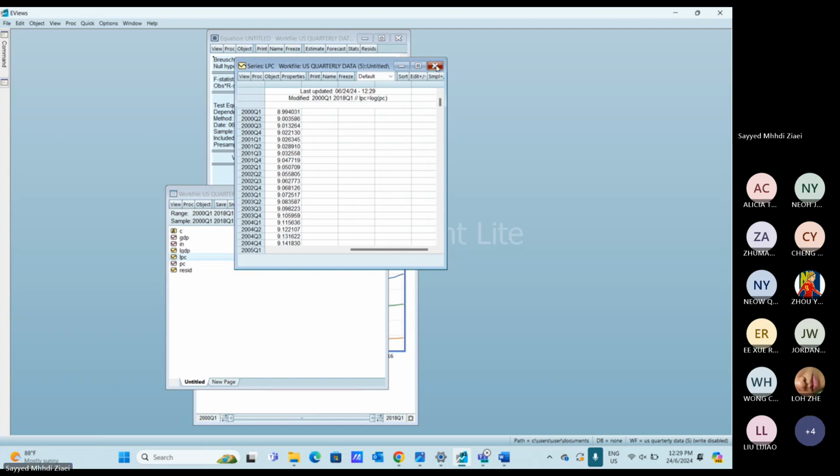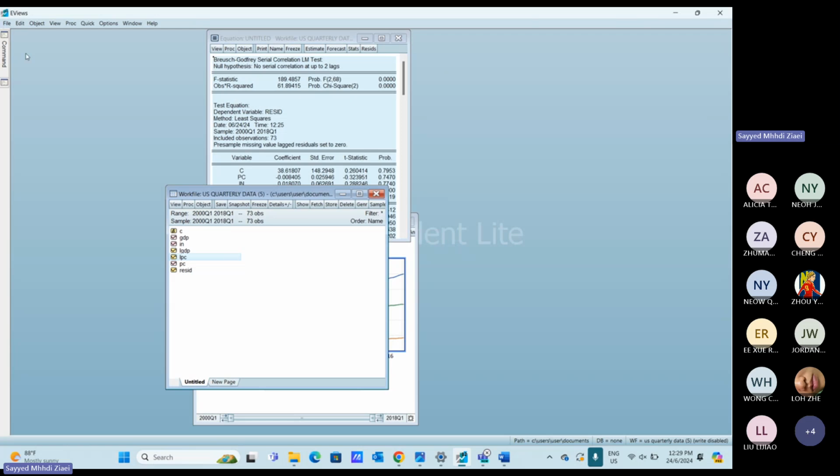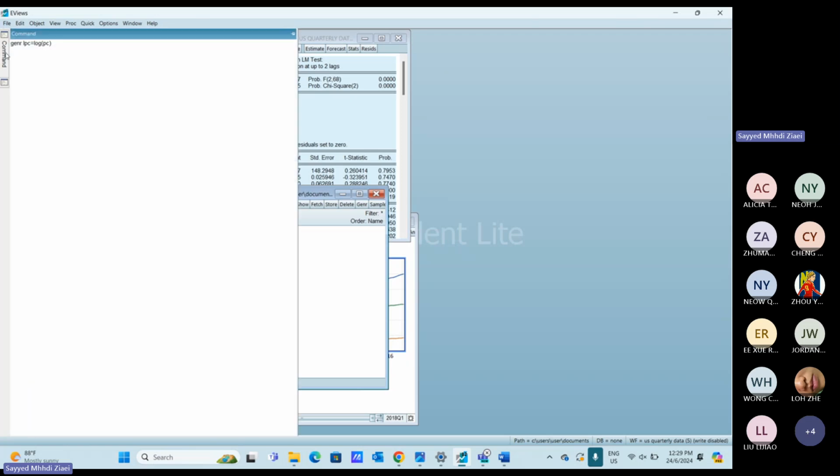And then third, again, for investment, you need to do the same. LIN, log IN. So you give this order to the software. Now I want to have ln of investment. So generate LIN.